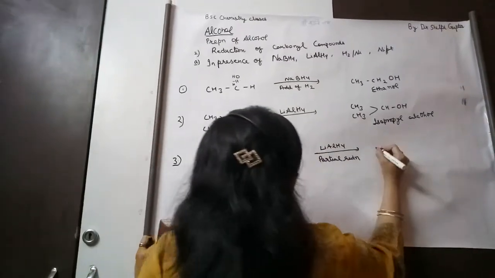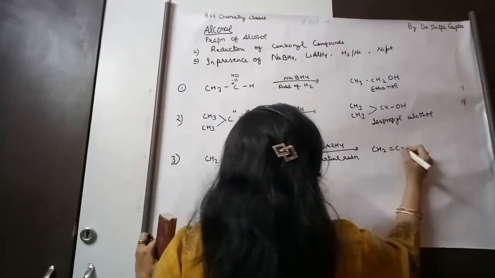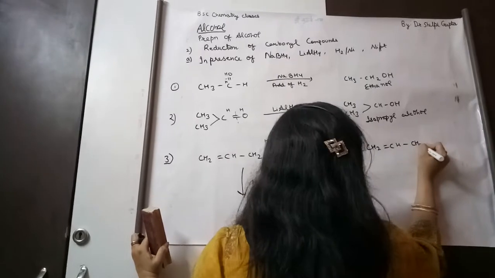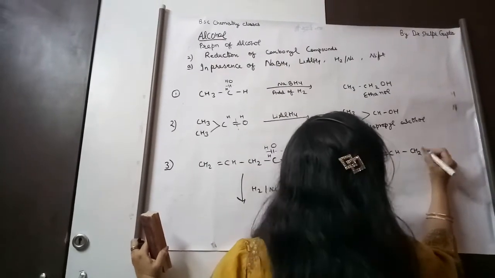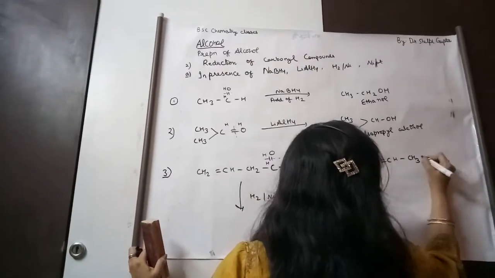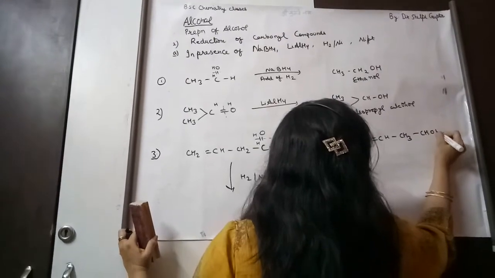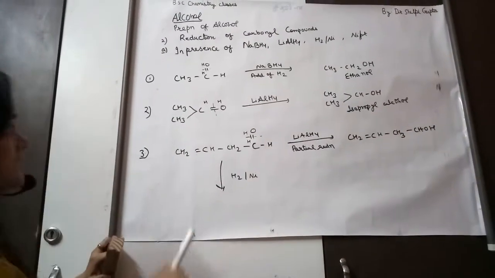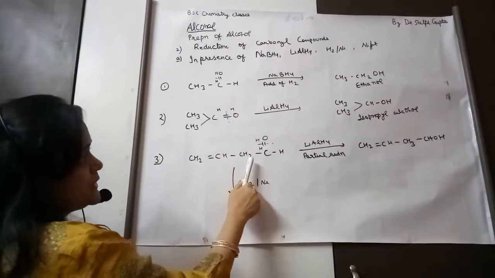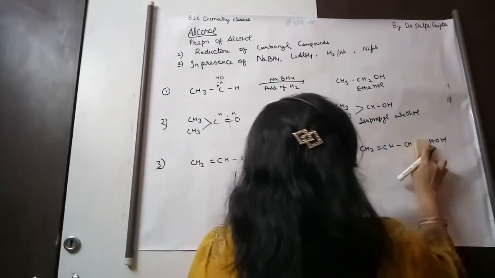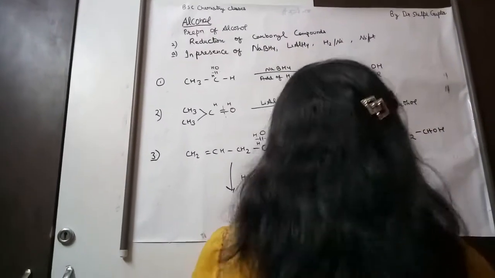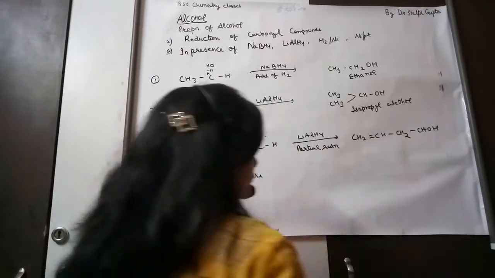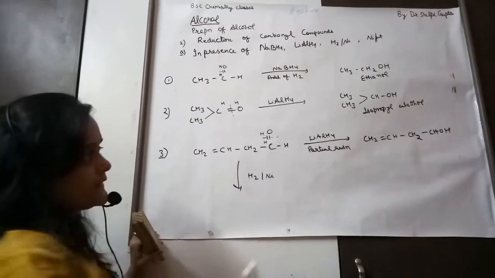So what will form is CH2 double bond CH2, then CH2 and CHOH. This is an alcohol, okay, this will form.